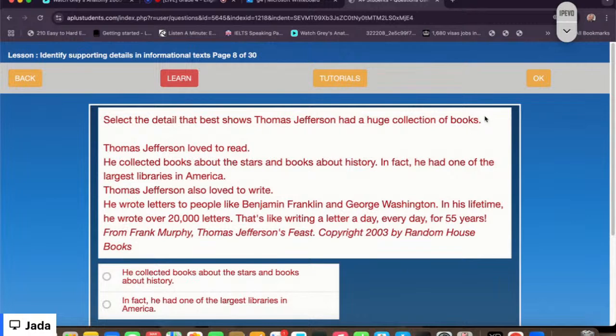So is this option two or one, which is the right one here?